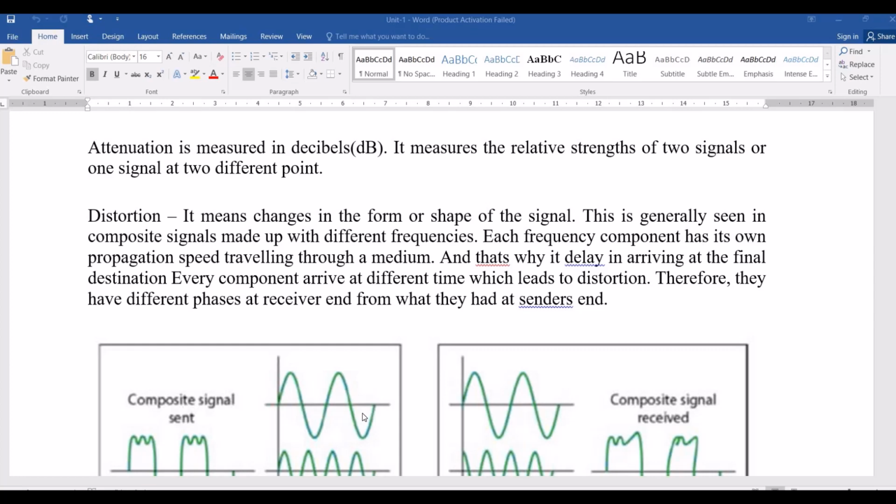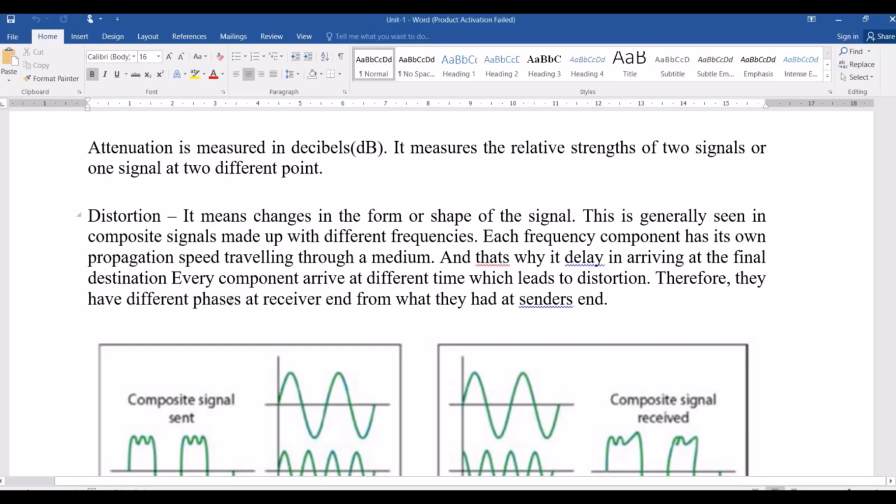Each frequency component has its own propagation speed traveling through a medium, and that's why it is delayed in arriving at the final destination. Every component arrives at the destination at different times, which leads to distortion. Therefore they have a different phase at the receiver from what they had at the sender.